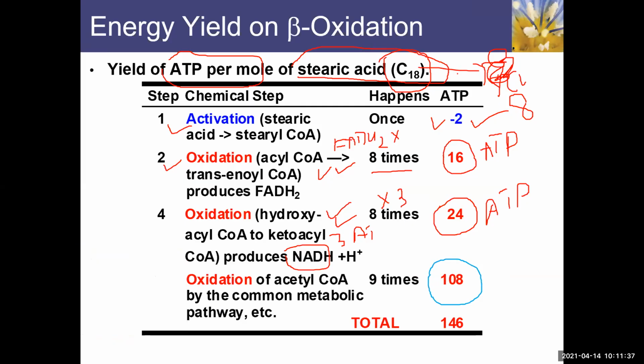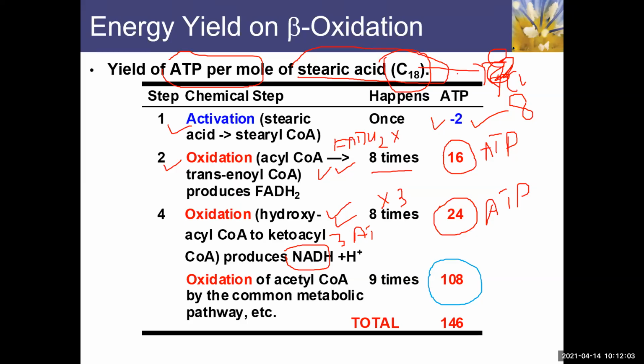This is something which we studied previously and just now. Thank you, Mohammed. Everything is clear. But no, tell me the calculation for this 108 molecules of ATP. How did we get that? Wonderful, absolutely.